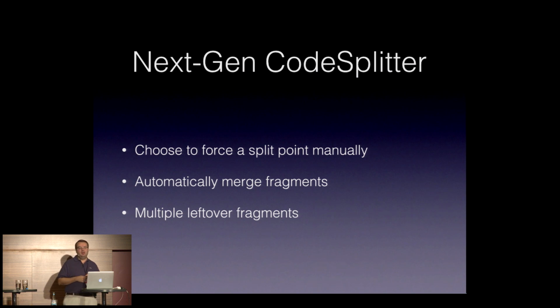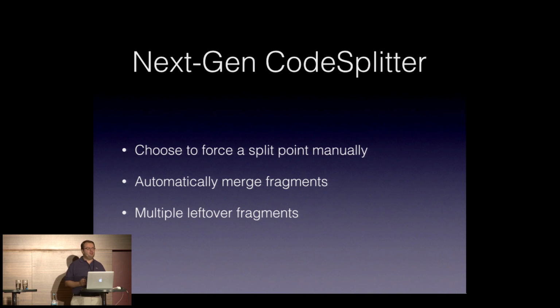The other thing is that we need to automatically merge fragments, because when you create these fragments with code splitting, sometimes you might create fragments that are too small. Like if you code split off 2 or 3 really small methods, you might get 2 or 3 methods in the split point. Maybe it's 1K on disk, but if you make an HTTP call to the server from over a mobile network, you've spent more time sending the HTTP headers than actually getting the code. And so sometimes the fragments are too small.